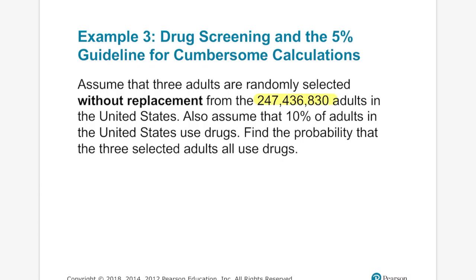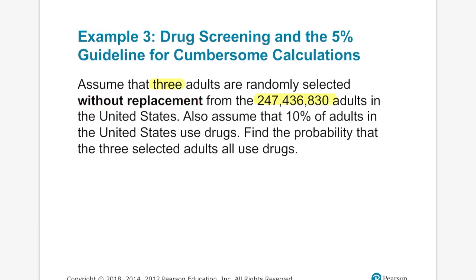This is my population right here. And I select 3 people from 250 million. Also assume that 10% of adults in the United States use drugs. Find the probability that the 3 selected adults all use drugs.